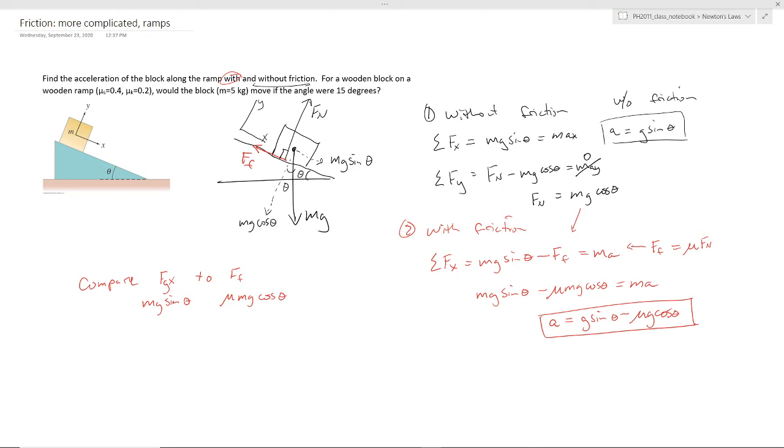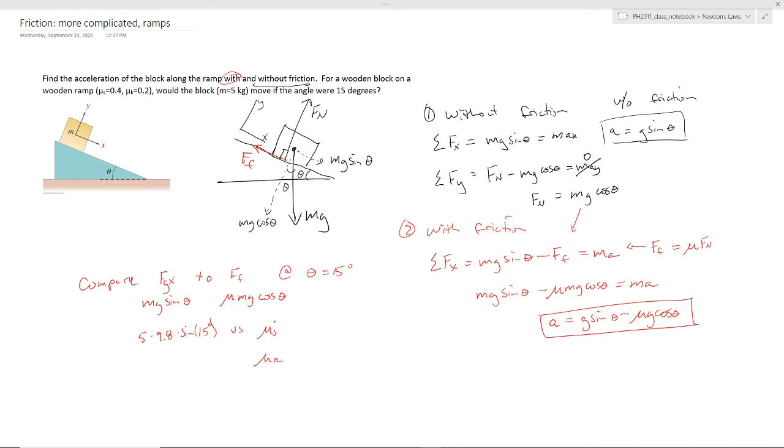So based on our angle, theta equals 15 degrees, and for a mass of 5 kilograms, we would find this is 5 times 9.8 times sine of 15 degrees, versus, now let's do both mu s and mu k.